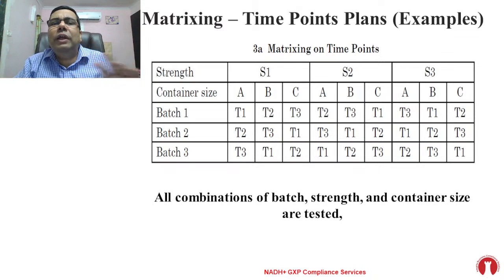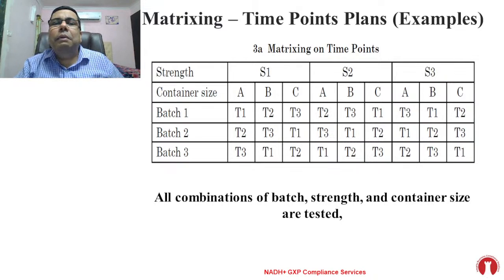How? Consider T1. Batch number 1 is tested for container size A. Here batch number 1, batch number 2, batch number 3, and T1, T2, T3 are considered. If you consider T1, you can see the container B for batch number 3 is tested.